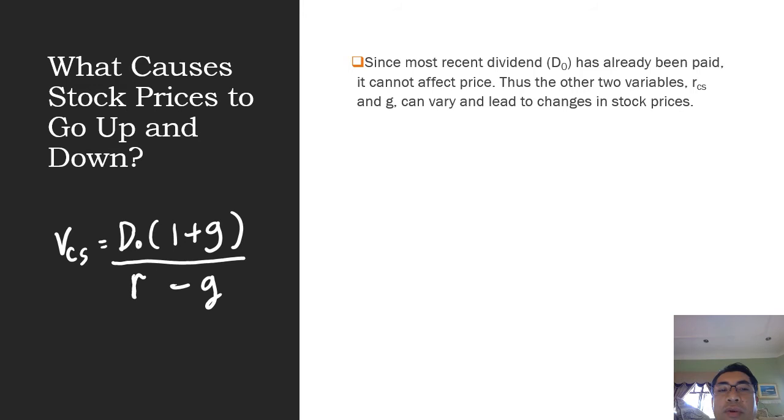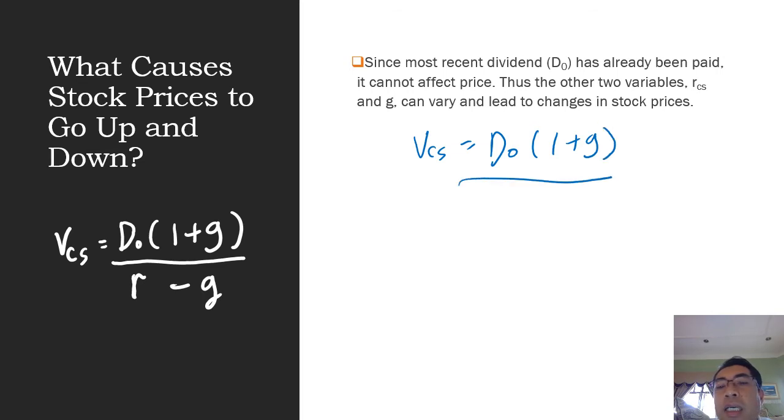So what causes the stock price to go up and down? As far as the formula is concerned, we can identify what makes the stock price go up and down. If you look at the formula of the constant growth model, D0 times 1 plus g over r minus g.